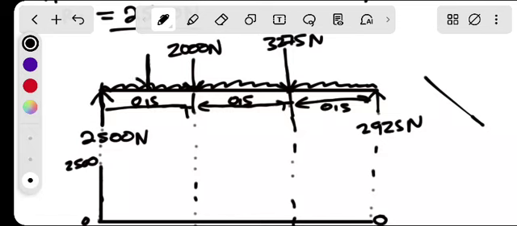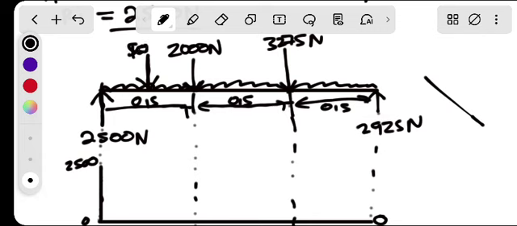We're supposed to have some force again there, which will be 100 multiplied by 0.5, which is 50.